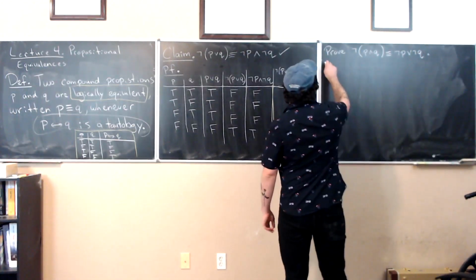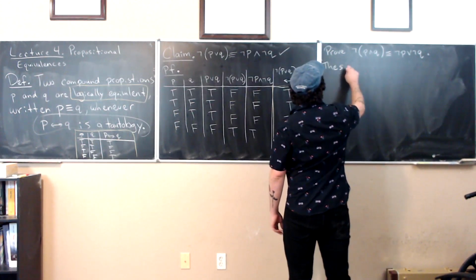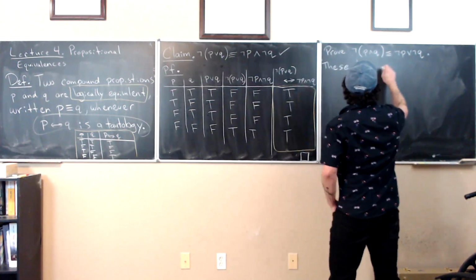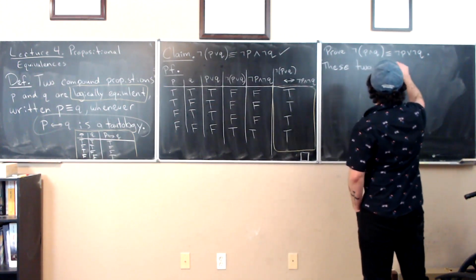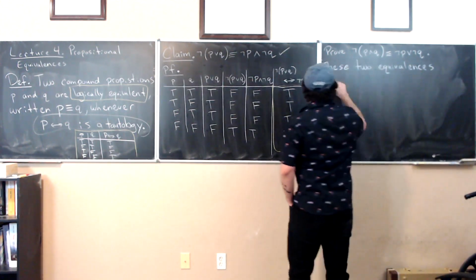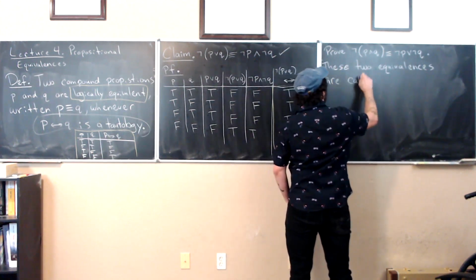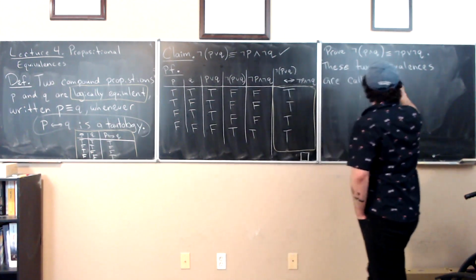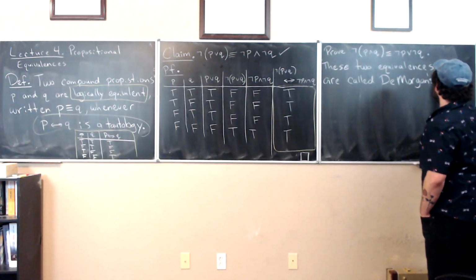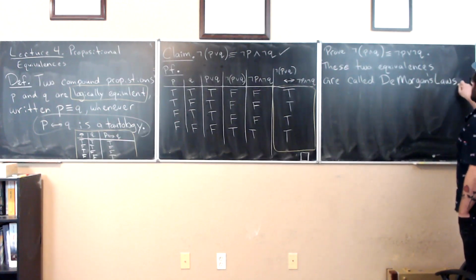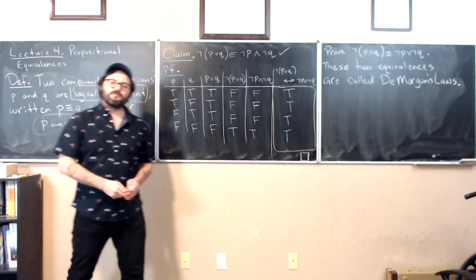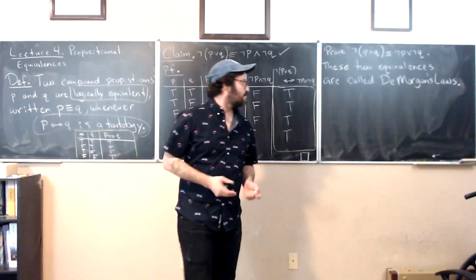Okay. So this is very important for you computer science majors. These two equivalences are called De Morgan's laws. So again, anytime in a math course, whenever you encounter something that is named after someone, it's probably important.